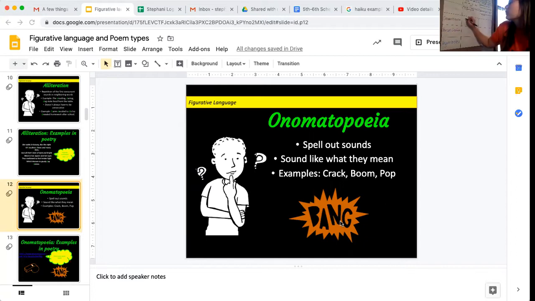So the onomatopoeia definition: spell out words and sound like what they mean. And the example that they give, like we said, crack, boom, pop.